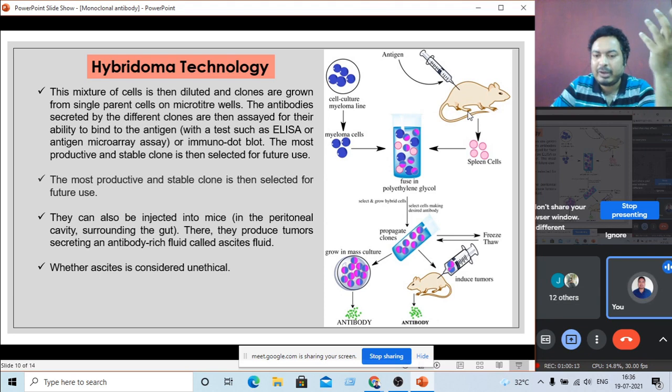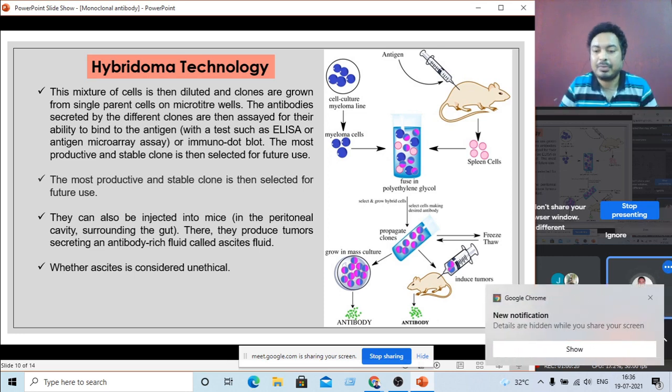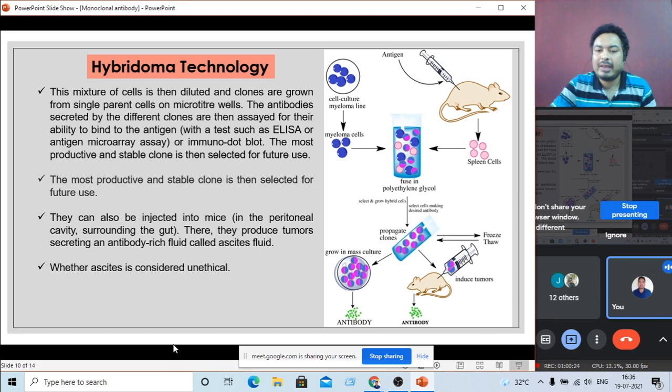And what is the ascitic fluid? Inside the ascitic fluid, all the monoclonal antibodies are proliferated to the maximum. That means we can produce the monoclonal antibody inside the mice up to a maximum, by proliferating the hybridoma cells inside the ascitic fluid.